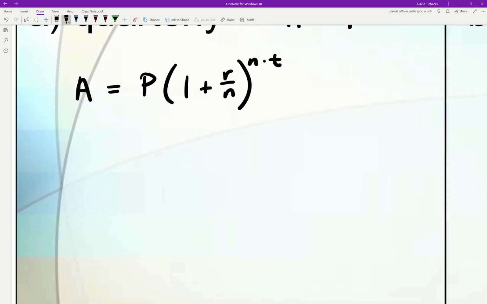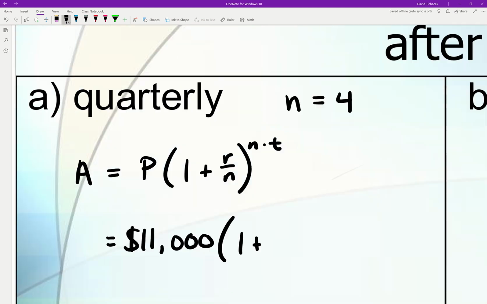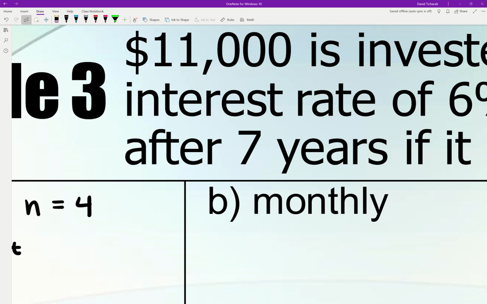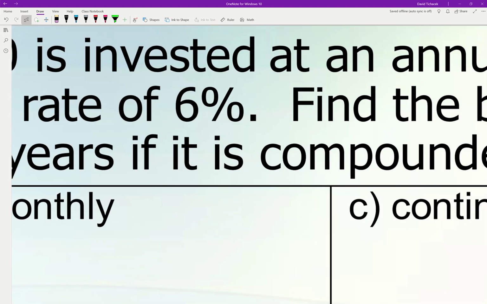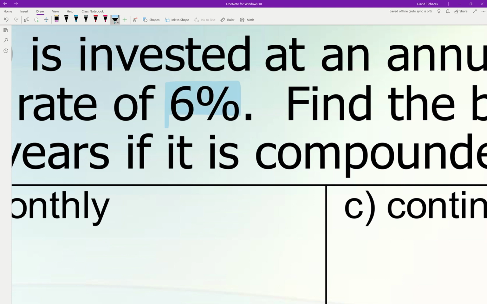So we're just going to plug in our stuff, right? So we have $11,000 times 1 plus the interest rate over the number of times we compound. Now, just remember that the interest rate is typically going to be given to you as a percent. We just need to go ahead and convert that to a decimal, okay? So if you have 6% here, remember that percent means out of 100.